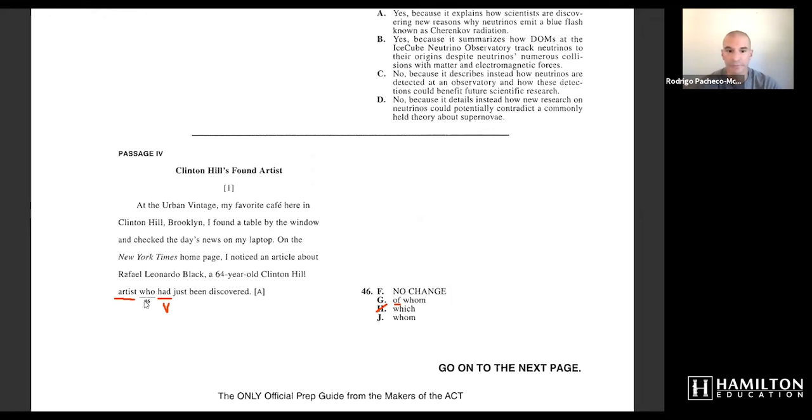Another way to confirm that this is the case is to use a different pronoun. So here, would we say he, which is subjective, had just been discovered, or him, which is objective, had just been discovered? Well, this is a little bit more intuitive. We would say he, and this tells us that the case that we need is subjective. We can eliminate G, of whom. This gives us a preposition with the objective case, and J, whom. This is objective. So our correct answer is going to be F.